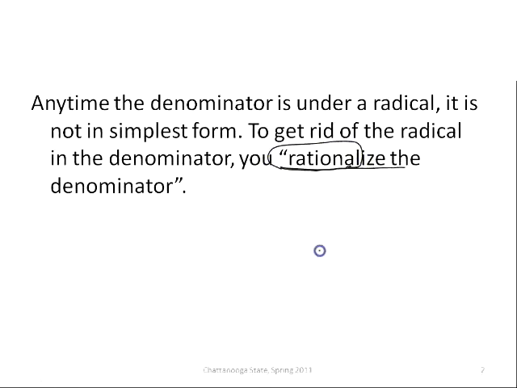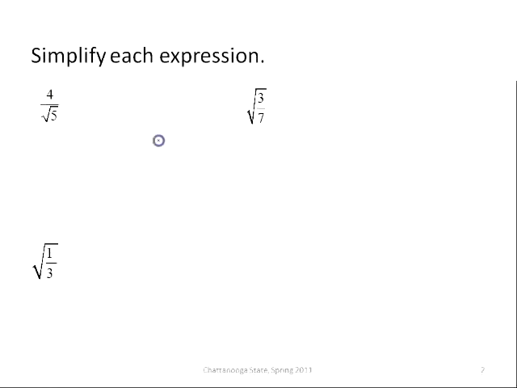Okay. Now, let's look at a few problems where we see how to do this. 4 over the square root of 5. Here, the 5 is under a radical, and 5 is not a perfect square. So our job is to get this denominator to have a perfect square under the radical.